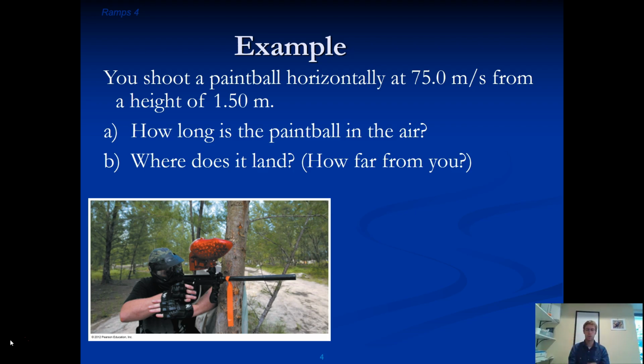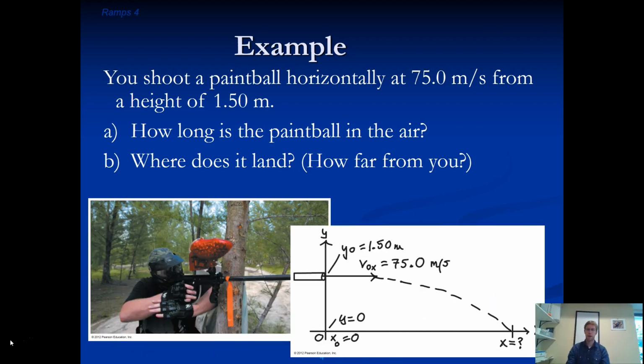But again, you can just use those two by themselves because you have this paintball that's being launched sideways, but it's really moving both falling vertically and being shot horizontally. The cool thing here is in the first part, part A, when it asks you how long is it in the air, that's just the same amount of time as it'd be in the air if I were just dropping it.